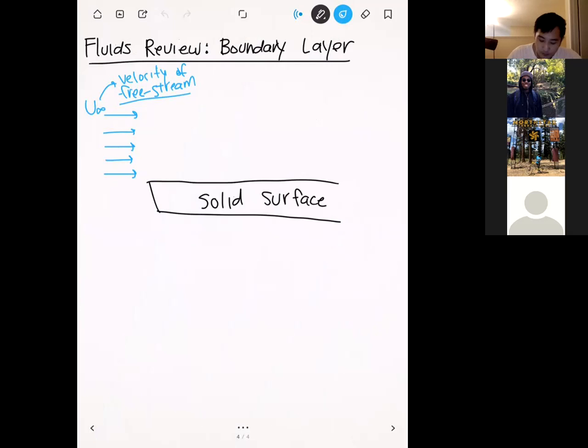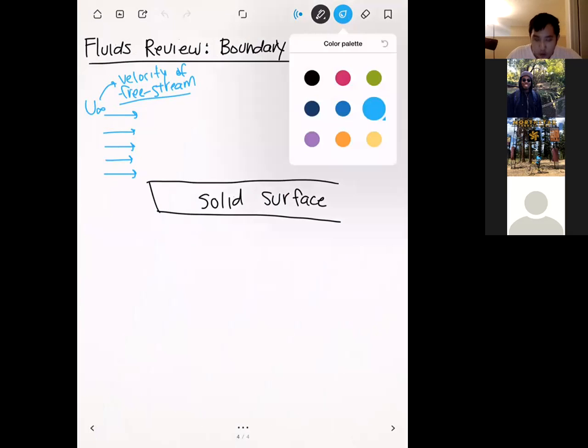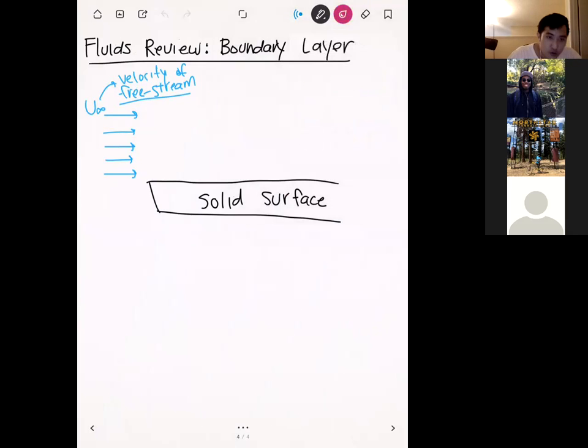All right, and so as the fluid strikes this structure, you'll actually see this thing form on the surface. It's a very thin layer of fluid, and that's called the boundary layer. The boundary layer usually looks something like this.